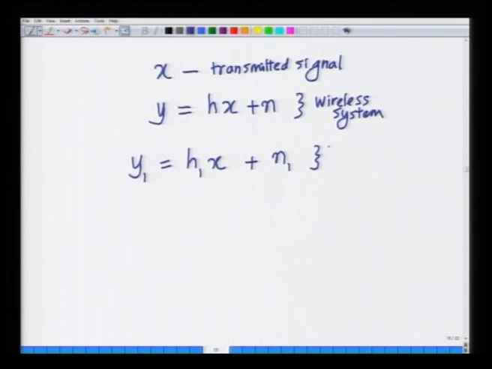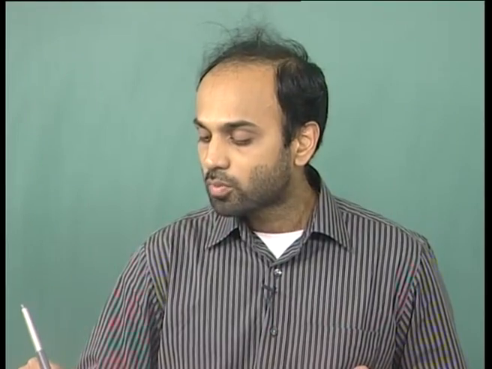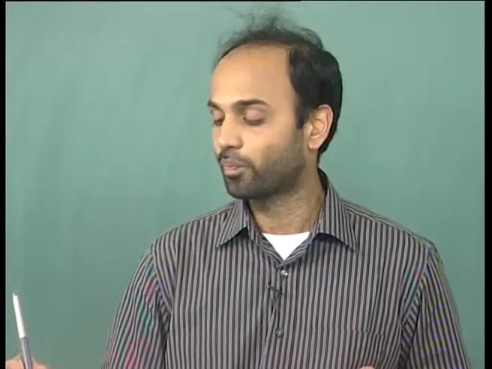This is the model between the transmit antenna and receive antenna. Alright, what am I saying? I am saying I am receiving a signal at the receive antenna 1 that corresponds to the transmitted signal x times the fading coefficient between the transmit antenna and receive antenna 1 plus the noise n1 at receive antenna 1.